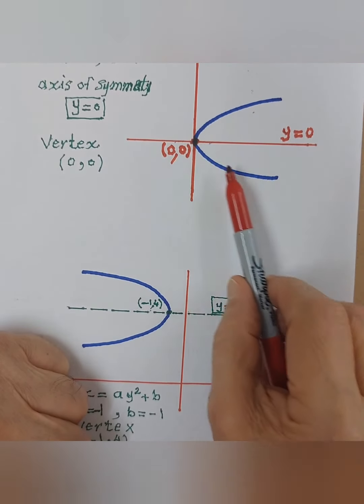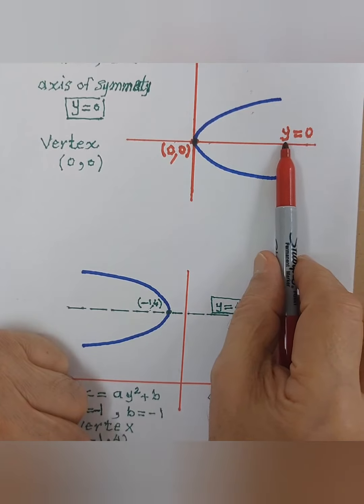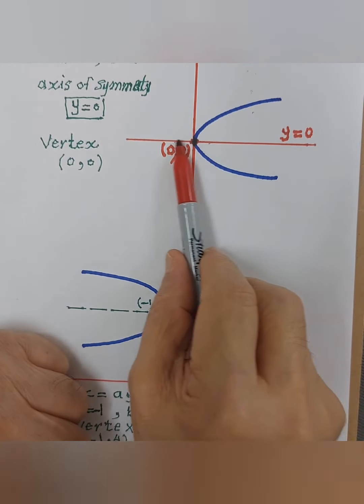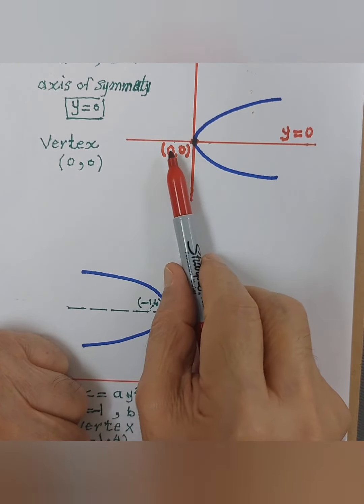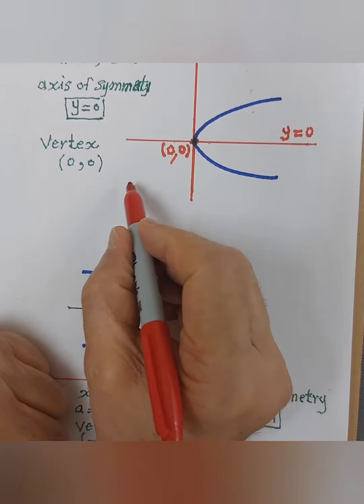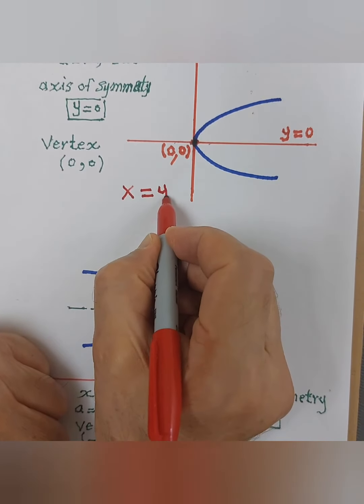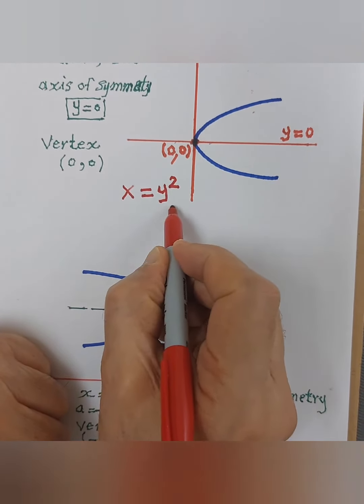For this graph, we see the symmetric line is y equals 0, this line. And the vertex point is (0, 0). So the equation will be written as x equals y squared in simplest form.